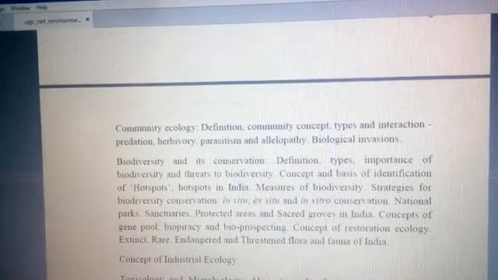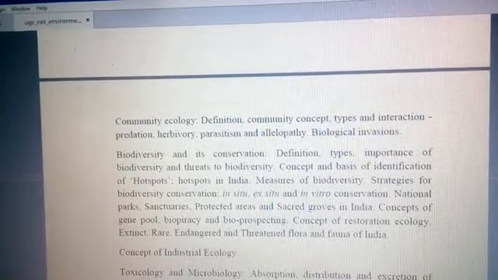These topics will be studied in the unit.